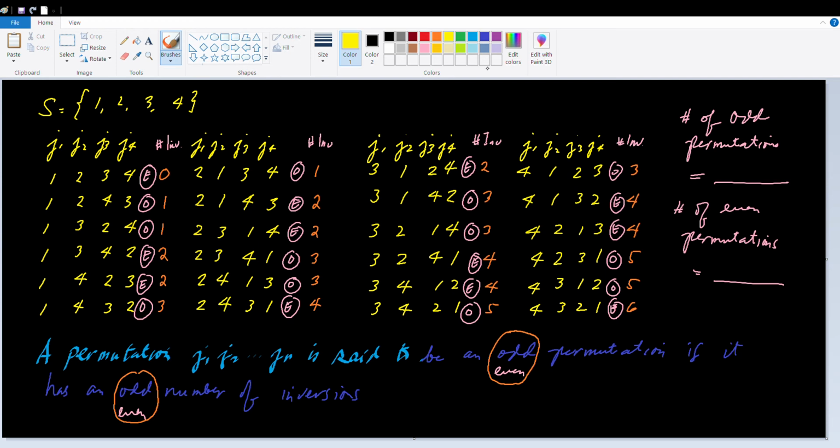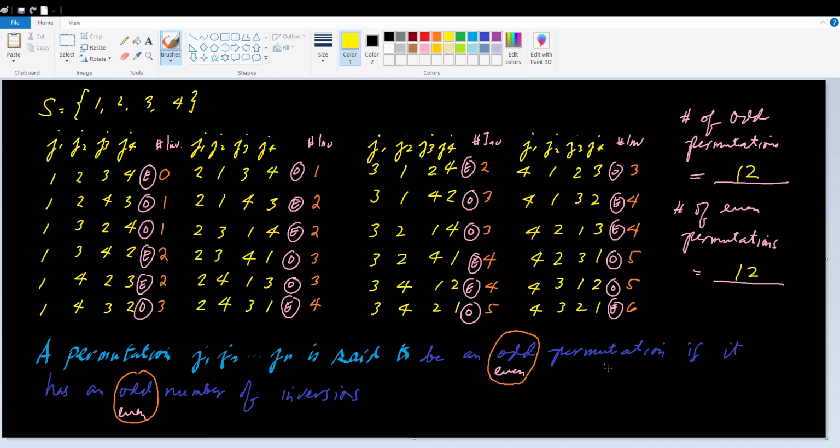So there are 12 odd permutations. Even permutations, 1, 2, 3, 4, 5, 6, 7, 8, 9, 10, 11, 12. As you can see, there are equal numbers of even and odd permutations.